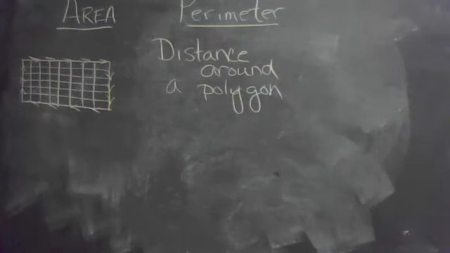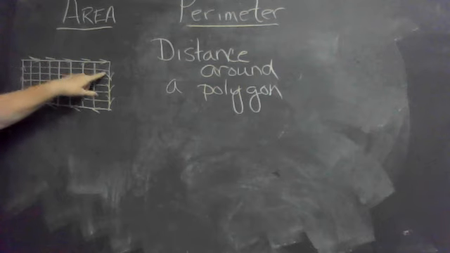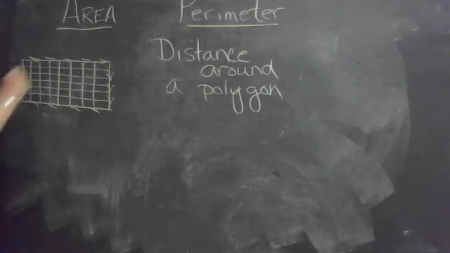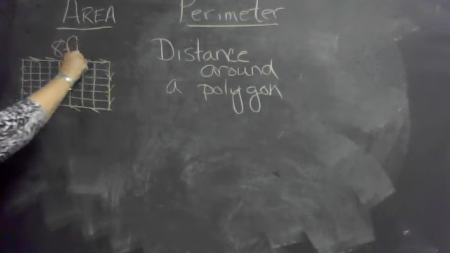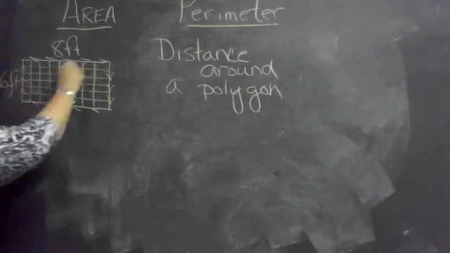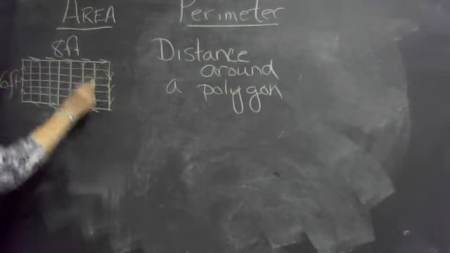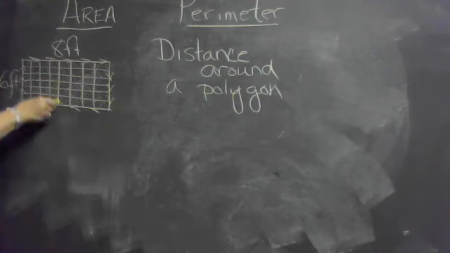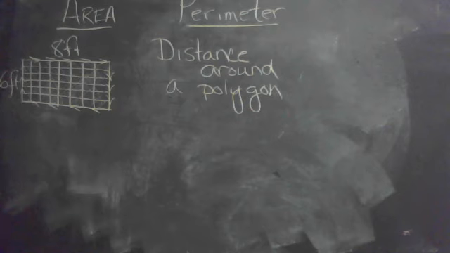We'll do that. Okay, let's say that our rectangle was 8 feet by 6 feet. The area is all of this. It's what we would put carpet on or what we would paint.